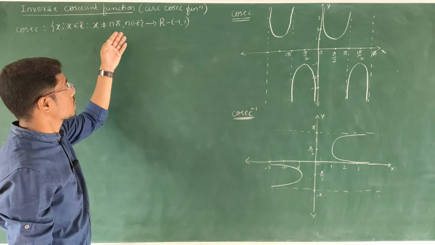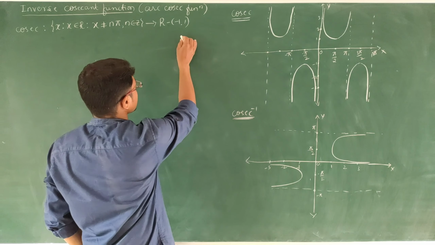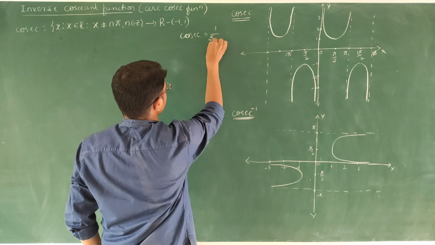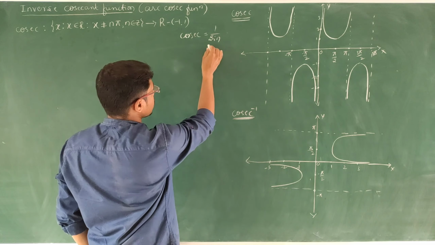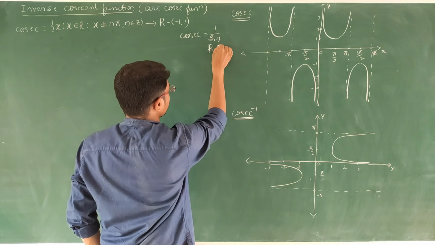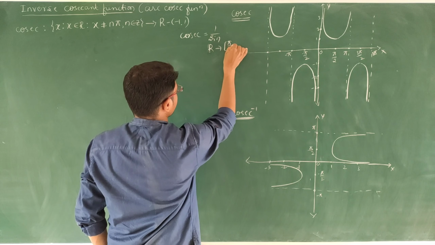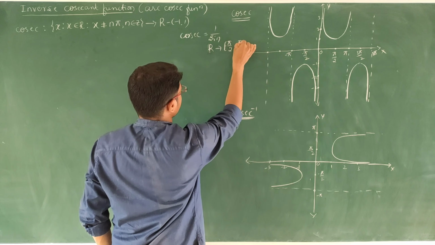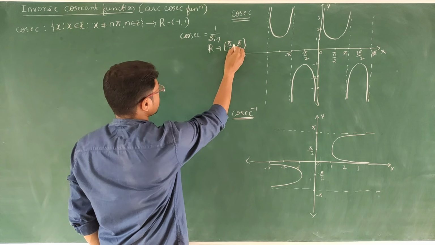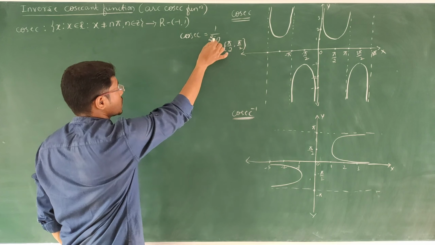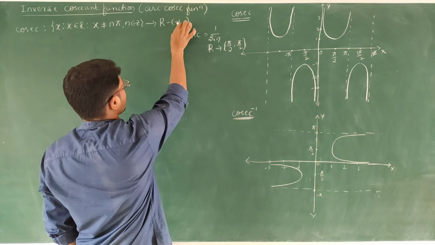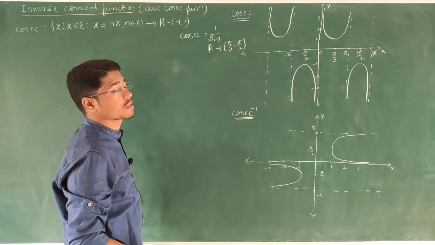So this is the definition of cosec x, because see, cosec is equal to 1 by sine. So we know sine is defined on R, with range minus 1 to 1. If x is equal to 0, sine 0 will be 0. So cosec is not defined at 0, and it is not defined at minus 1 comma 1.